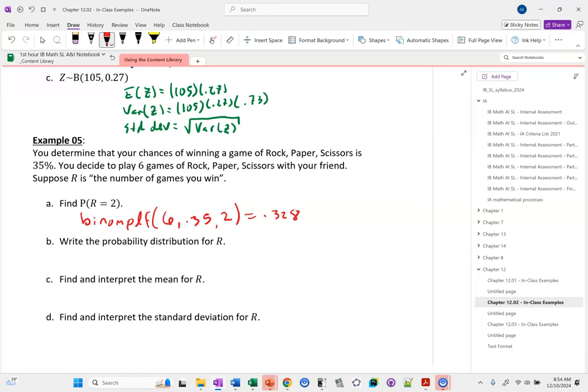Find the probability distribution for R. What do I want with the probability distribution?